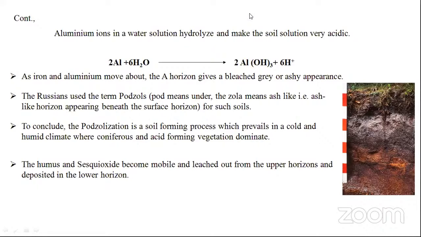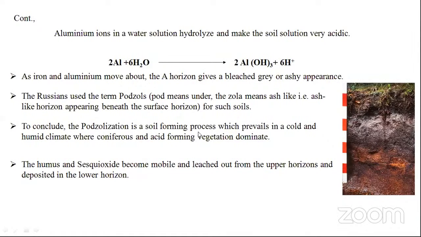Water is dissociated at low pH into OH and H plus ions. Aluminum combines with hydroxide to form aluminum hydroxide, and excess H plus ions are released into the soil solution. As the iron and aluminum were completely moved down, it gives an ashy appearance, an ash coating, just as shown in the image. That is the reason.